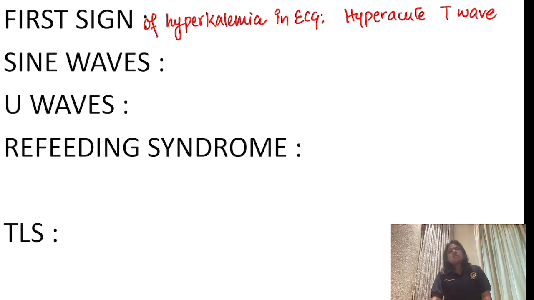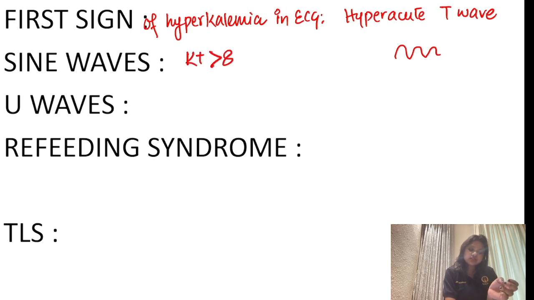In the later phase of hyperkalemia, you find the sine wave pattern. The word sine came from sine and cos theta that we read in mathematics. So that is the sine wave like this. This sine wave you get when the potassium value crosses 8.